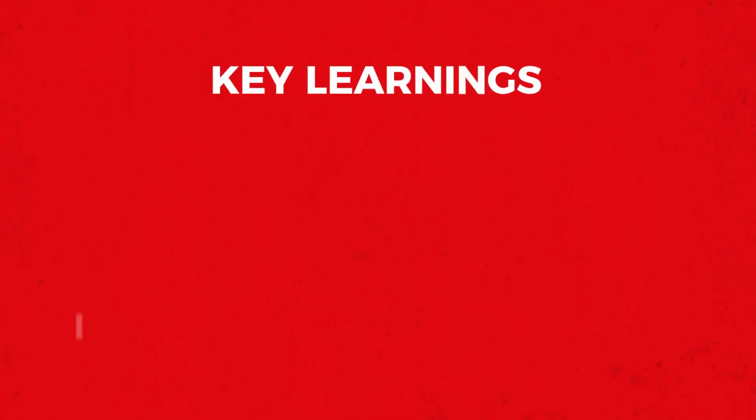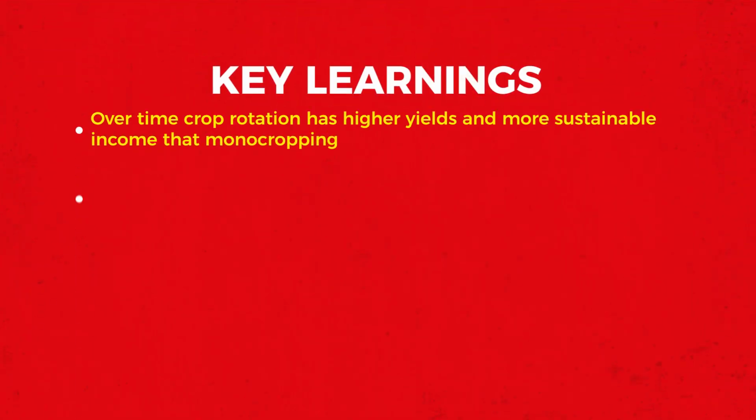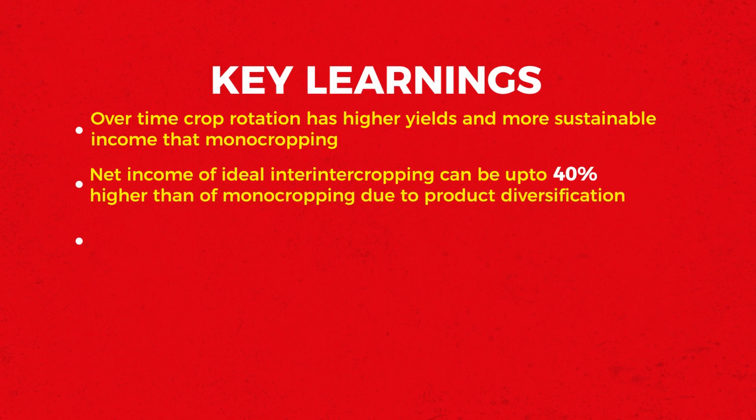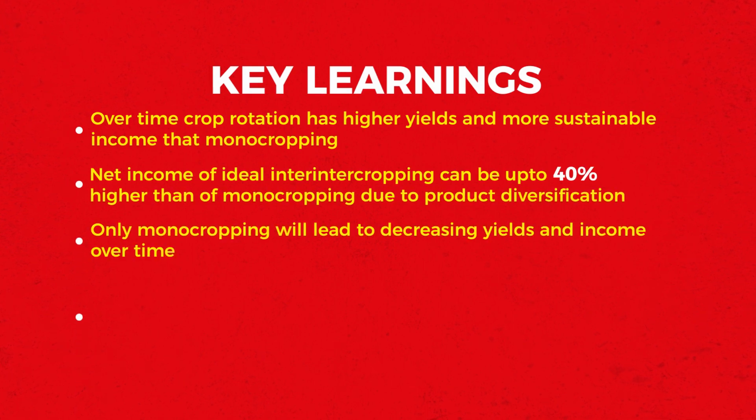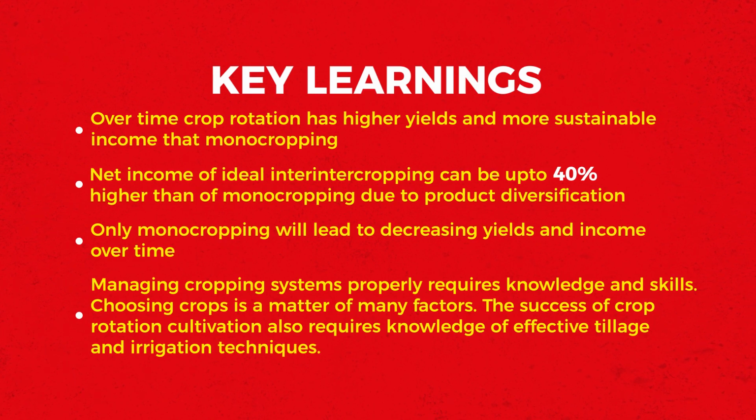Over time, crop rotation has higher yields and more sustainable income than monocropping. The net income of ideal intercropping can be up to 40% higher than monocropping due to product diversification. Only monocropping will lead to decreasing yields and income over time.